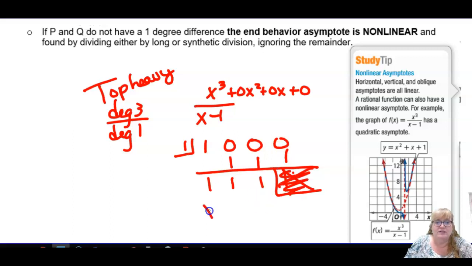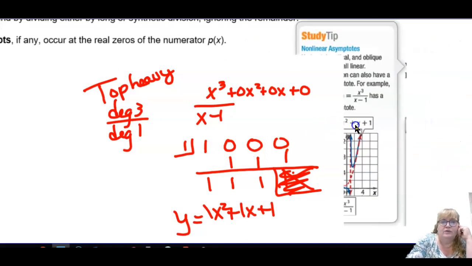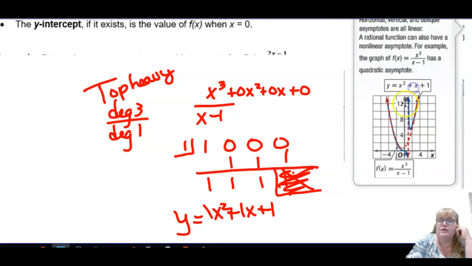What's left here is a 1x squared plus 1x plus 1, which is a parabola. That means the end behavior of this polynomial, x cubed over x minus 1, will actually look like a parabola if we zoom out far enough. Now it has two pieces on either side of the line x equals 1.